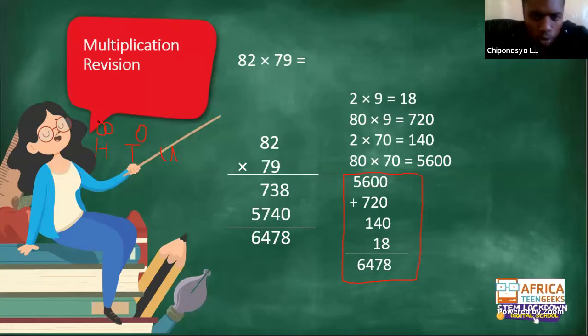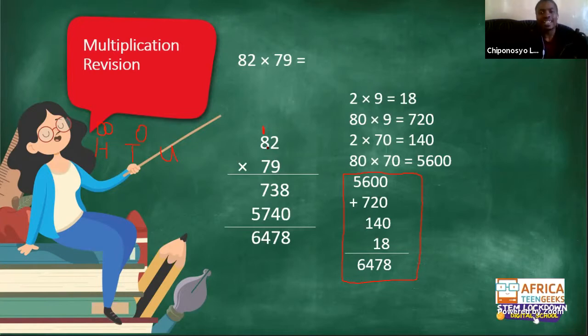Now let me show you what I mean. 9 times 2 is 18, carry 1. 9 times 8 is 72.